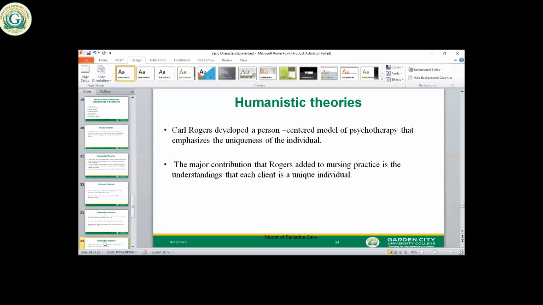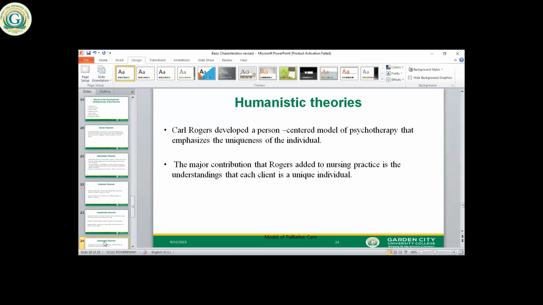This humanistic theory has helped us to appreciate the fact that every patient or every client is unique. The major contribution of Carl Rogers theory to our practice is for us to understand and appreciate the fact that every patient is a unique individual. That is why we have to treat each and every patient as unique.